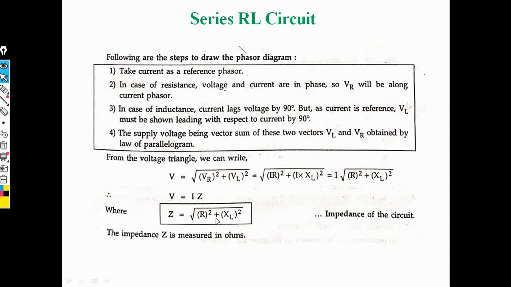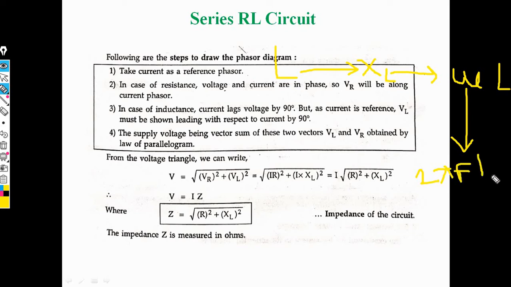R means resistance, XL means inductive reactance. XL depends on omega L, and omega L is 2 pi f L. Now this is the concept of series RL circuit.